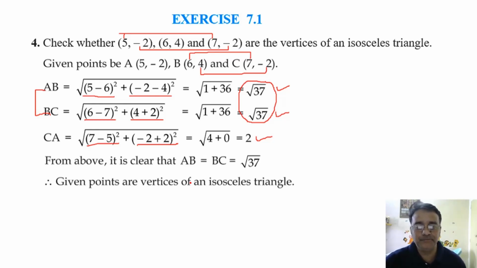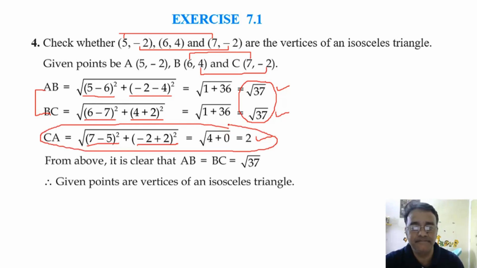Clear? Okay. Now I would like to tell you one thing, that if you skip this part, then also you will not lose the mark. Why? Because for an isosceles triangle you have to show any two sides are equal. So हम लोग केवल ये दो निकाल के भी शो कर सकते हैं.